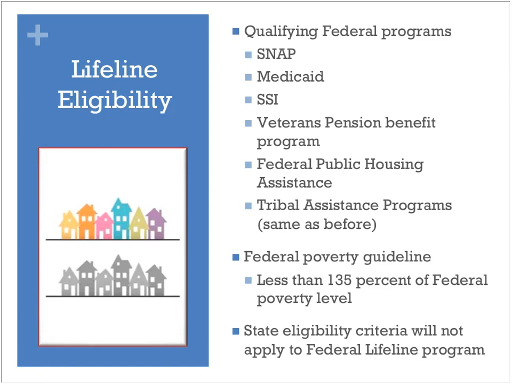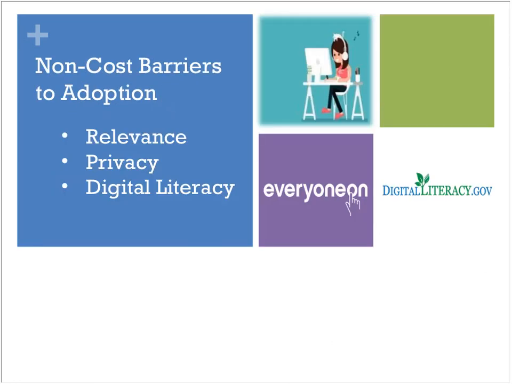The poverty guideline is the same, so 135% or less, and that will still be in effect over time. The tribal assistance programs for those that work with tribal members will be staying the same. So they have some different programs that are administered on tribal lands, and that's kind of a separate area, but there won't be any changes there.